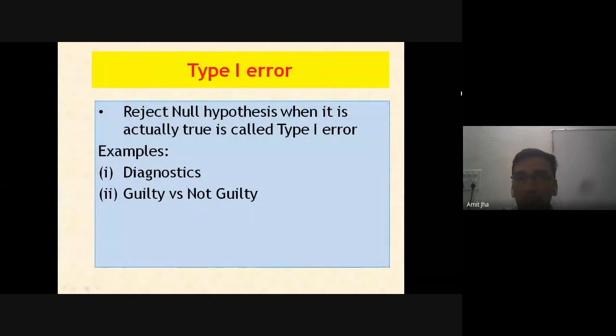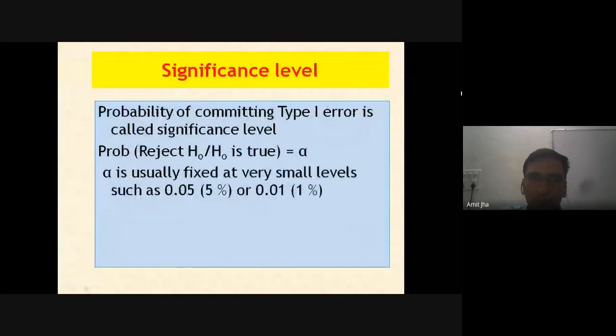To reject the null hypothesis when it is actually true is called type 1 error. These are used in diagnostics, like guilty versus not guilty. Here the significance level is the probability of committing a type 1 error, where we reject, and alpha is usually fixed at very small levels such as 5% or 1%.